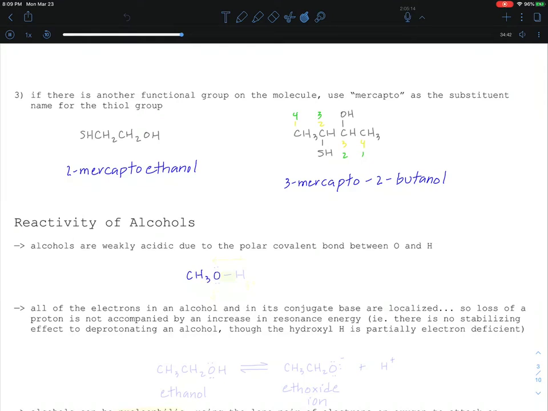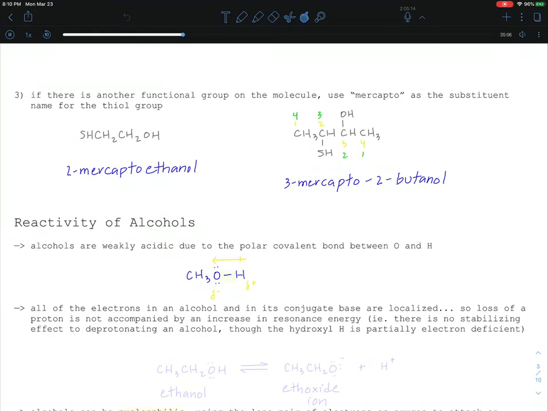And I'll exaggerate this bond a little bit for you. You've got 2 lone pairs of electrons on that oxygen. There is a dipole moment going in this direction, right? Which would put partial negative charge on the oxygen, partial positive charge on the hydrogen.